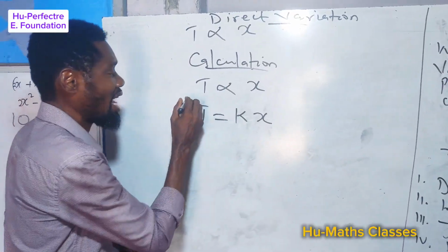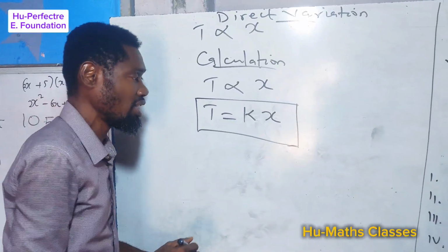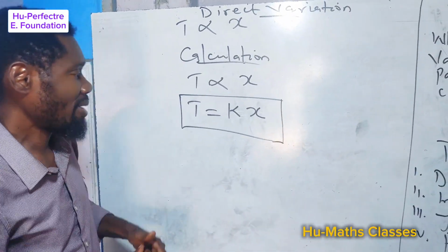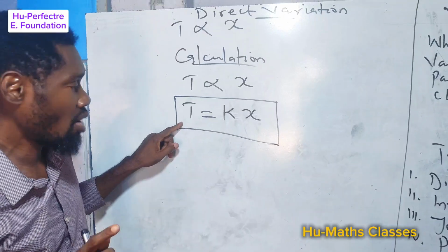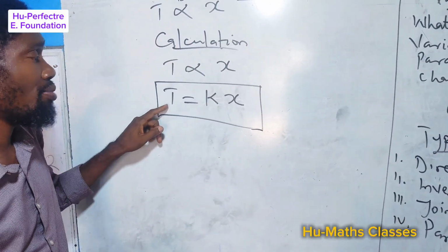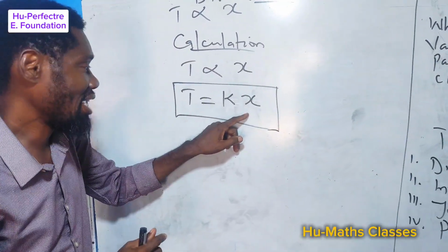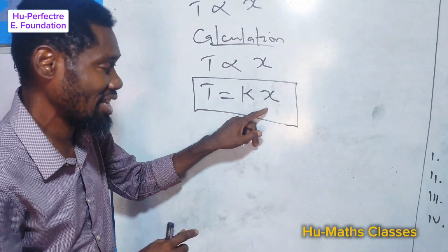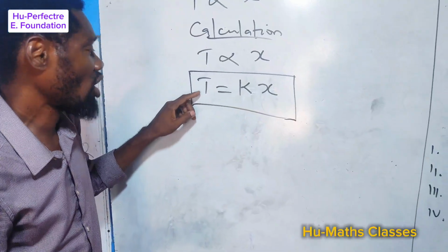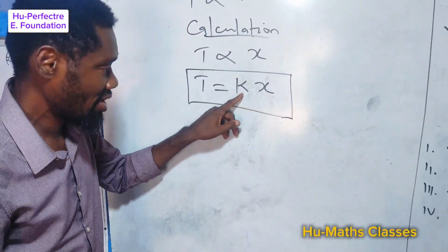This particular expression or equation shows the relationship between t and x. Should you be asked in your exam to find the relation between t and x, your result should be in this form, after knowing what k would be.